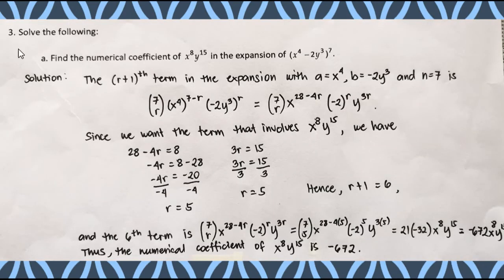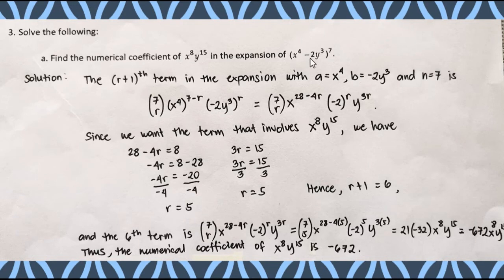Okay, let's go to number 3. Solve the following. Find the numerical coefficient of x to the power of 8, y to the power of 15 in the expansion of x to the power of 4 minus 2y cubed quantity to the power of 7. Okay, given ta ani nga binomial, which is x to the power of 4, kay ang a na to.